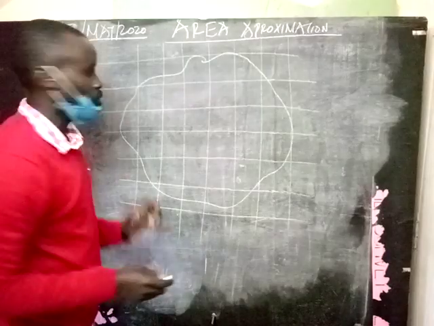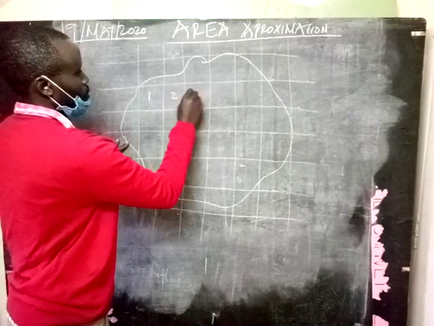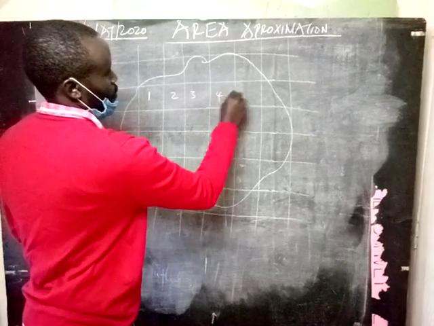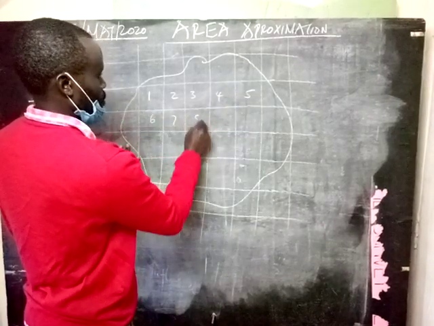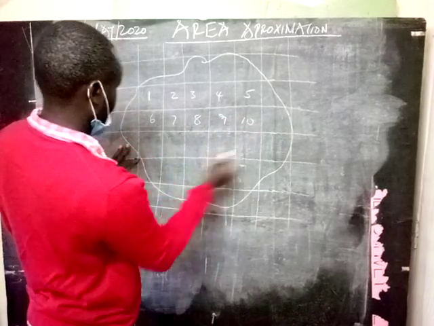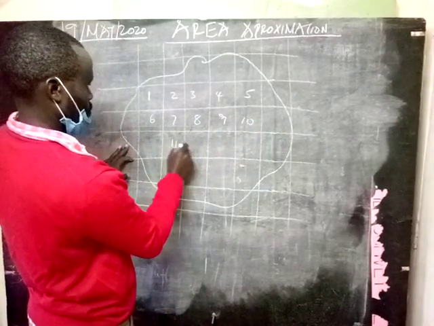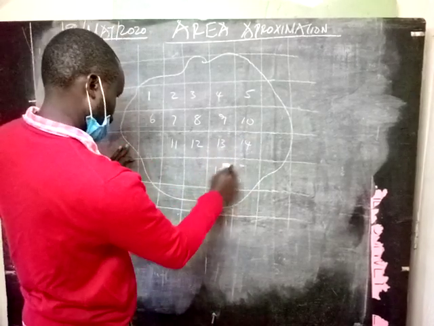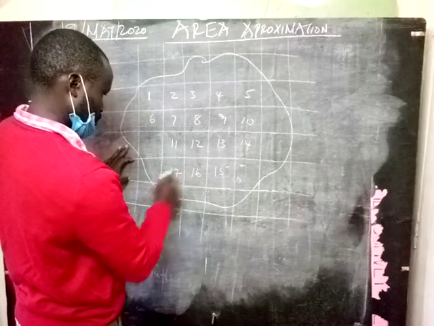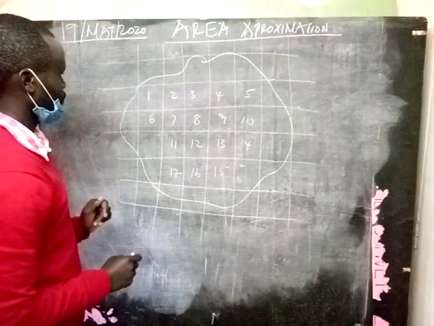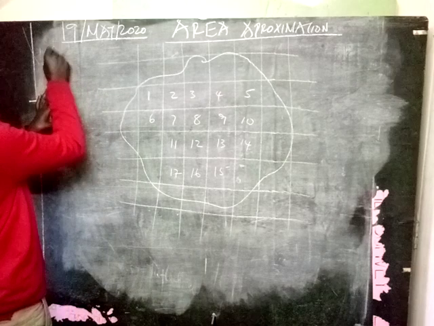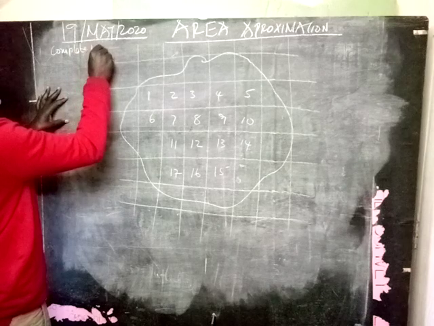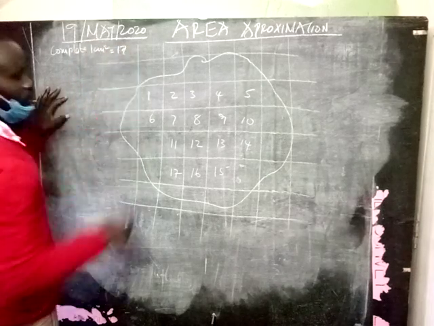So what we are going to do is to start by counting the complete 1 square centimeters. So we have 17 complete. The complete 1 centimeter squares are 17 units.